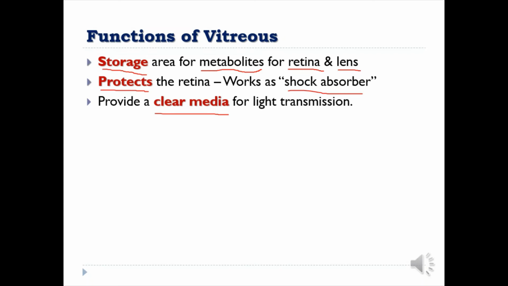So that was the reason that at one stage of development, before the baby was born, the hyaloid vessels dissolve or disappear. Because of that, the vitreous works as a clear media for light transmission.